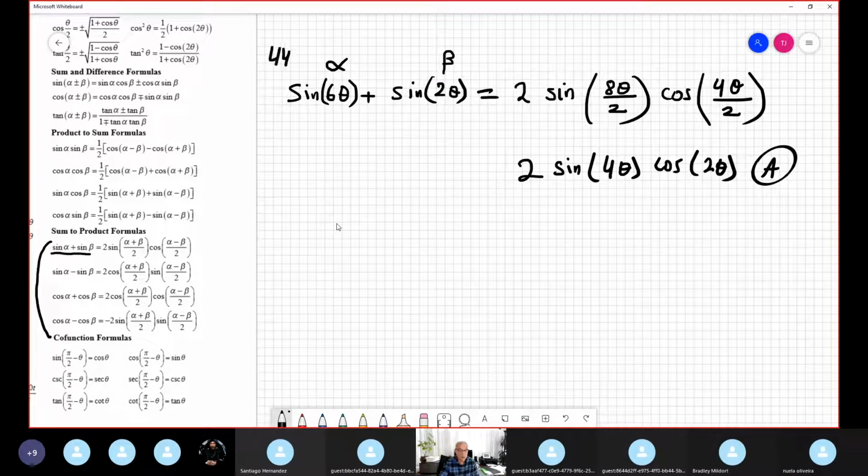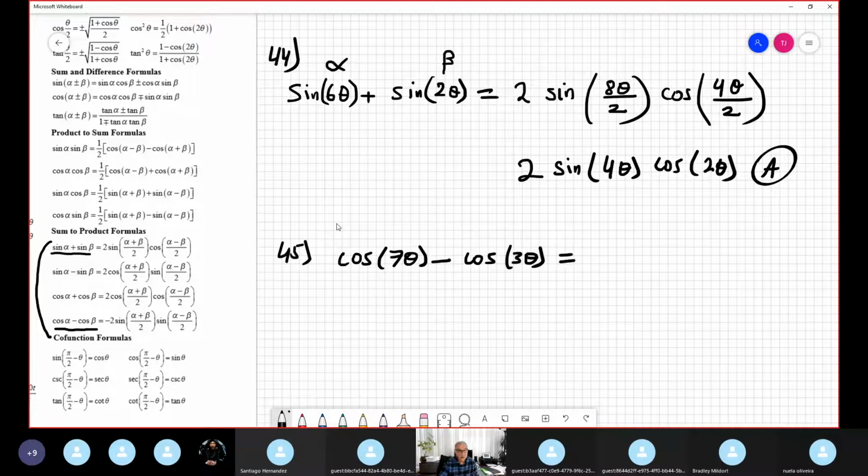45 is similar, except that in 45 you apply the formula for cosine minus cosine. Cosine minus cosine is the last one. So it's cosine 7 theta minus cosine 3 theta. And the formula says 2 times, it's minus 2, minus 2 sine of, and you add 7 plus 3 is 10, divided by 2 is 5, multiplied by another sine of the subtraction.